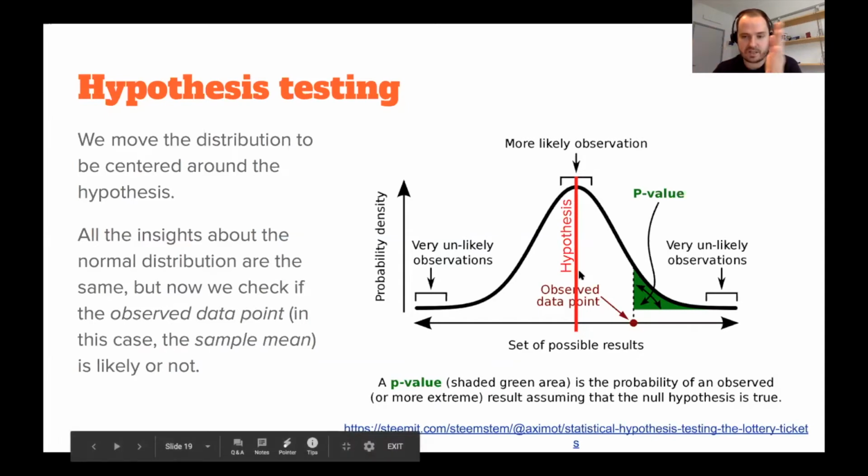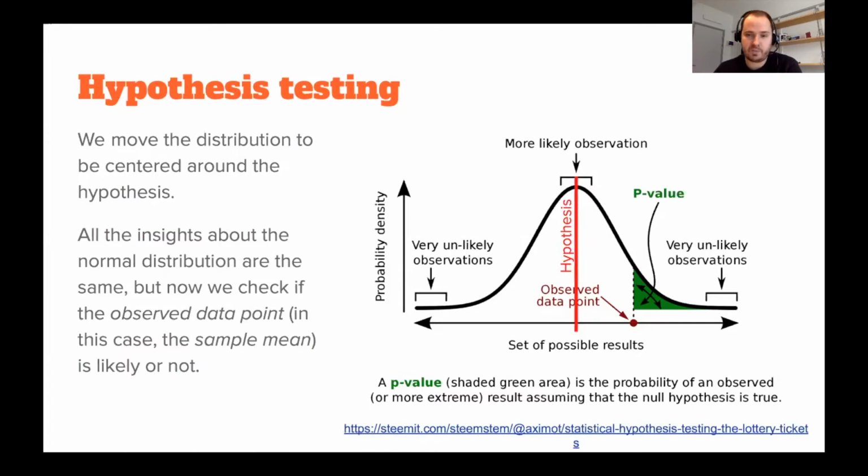Because if something is even farther away from your observed data point, it makes your null hypothesis look even less likely. So if you observe that thing, or even something worse than that, that gives an even worse look at your hypothesis.